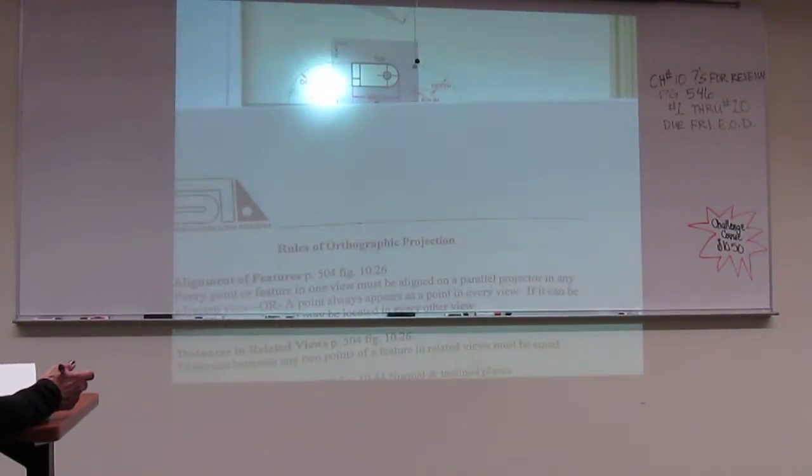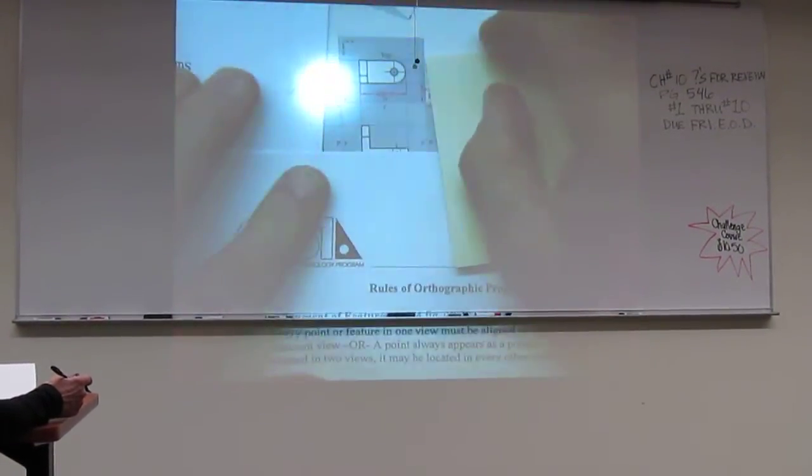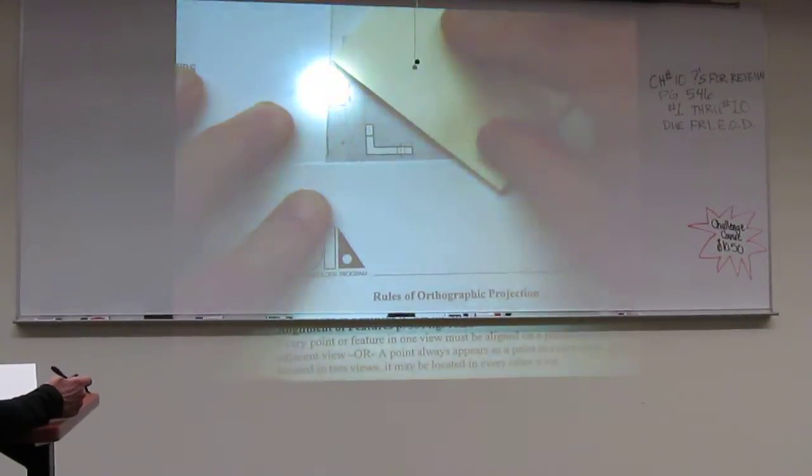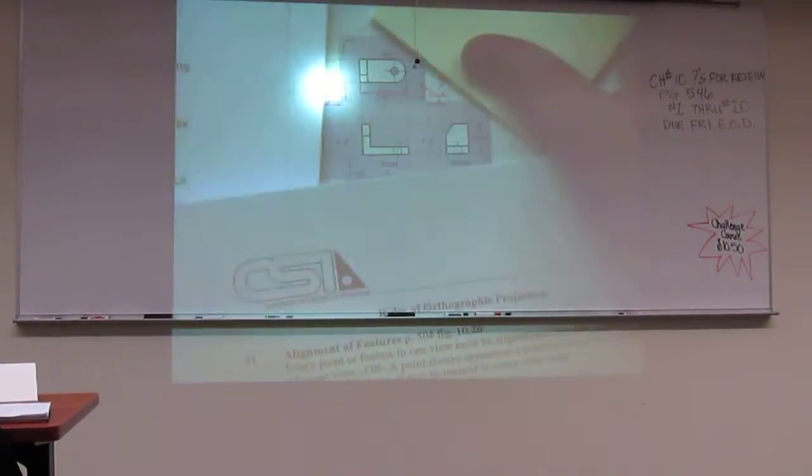Width and depth, because it comes off the horizontal plane of projection. You've got to cover that one too. A frontal, so the front view: height and width. Okay, so you want to start making those connections here.